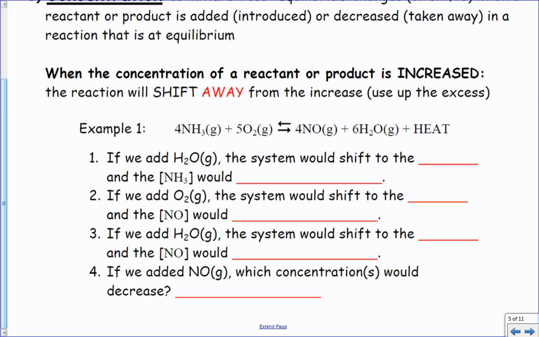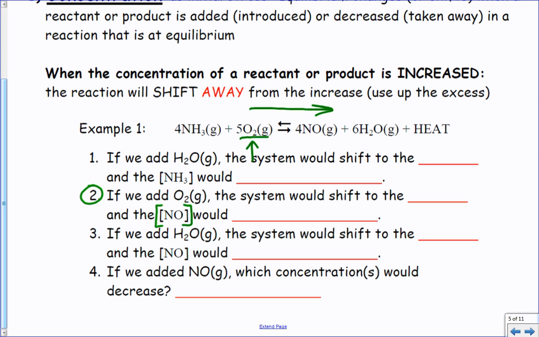Number 2: if we add oxygen to the system, it would shift to the blank, and the concentration of NO would blank. First of all, this bracket means concentration, so we need to have that in our backpack of knowledge right away. Let me find oxygen in this thing. It's here. So I'm going to increase oxygen, and I'm going to go away from oxygen.